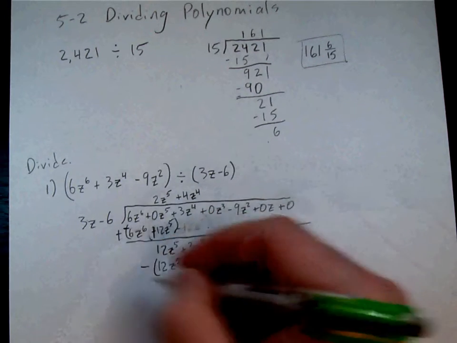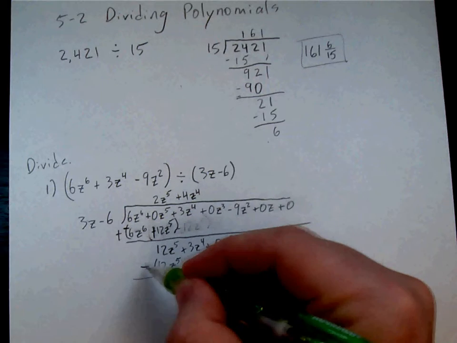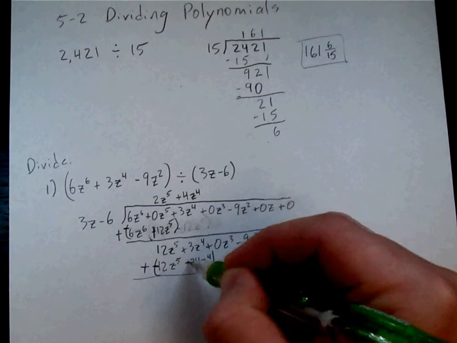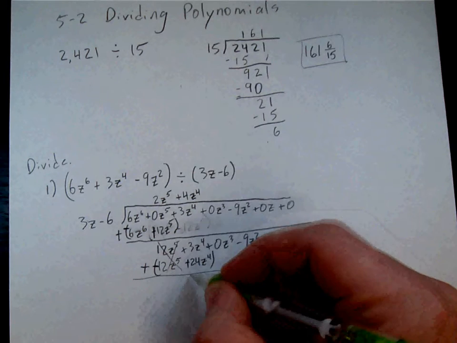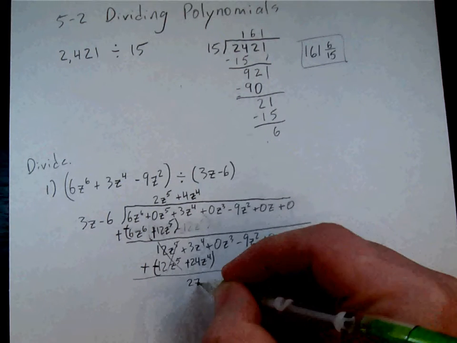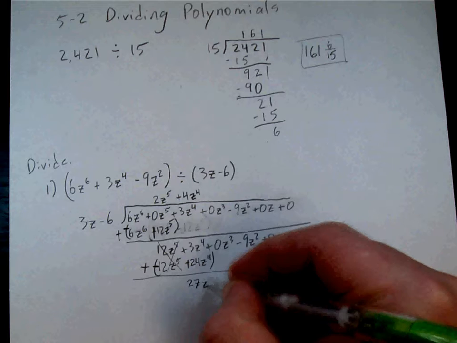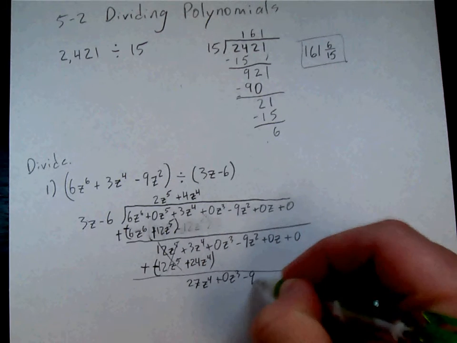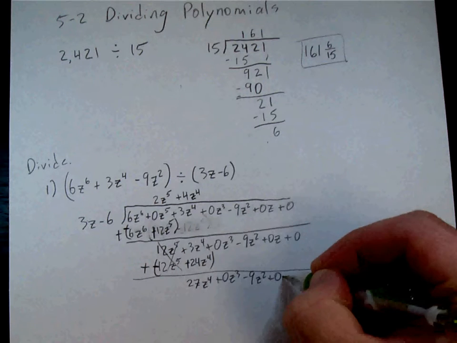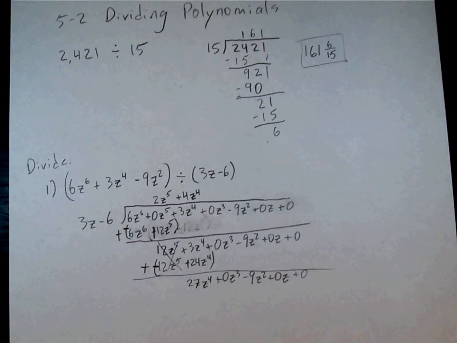So I'm going to subtract that. But it might be a good idea to distribute that sign so we don't forget it partway through. The z to the 5th cancels, so now I end up with 27z to the 4th. And we drop the rest of our terms. And repeat the process.